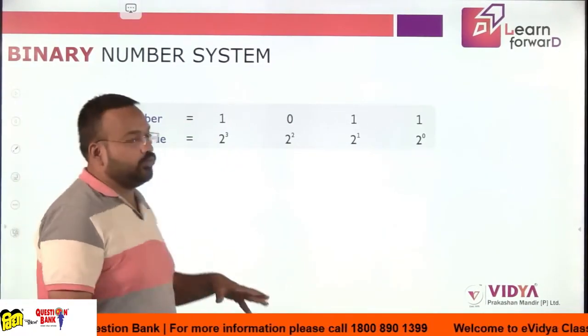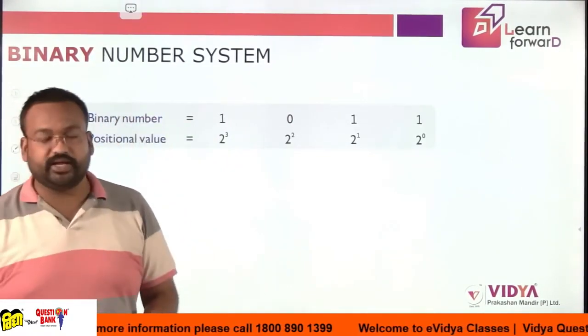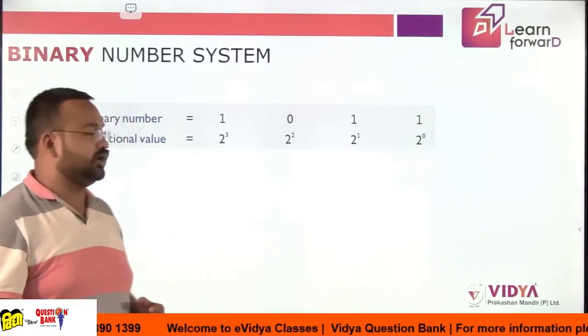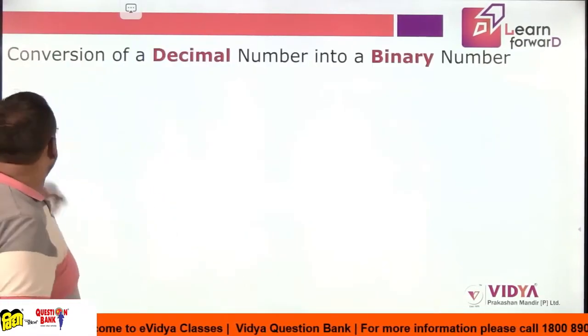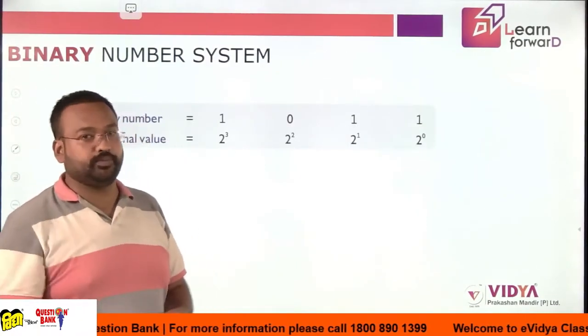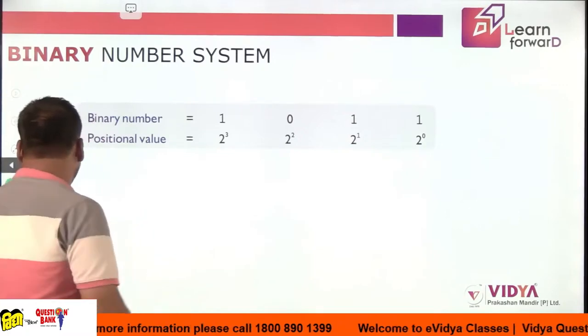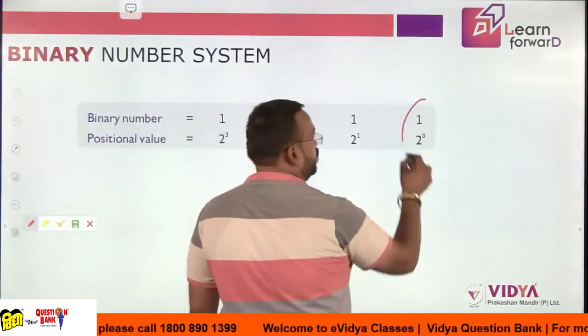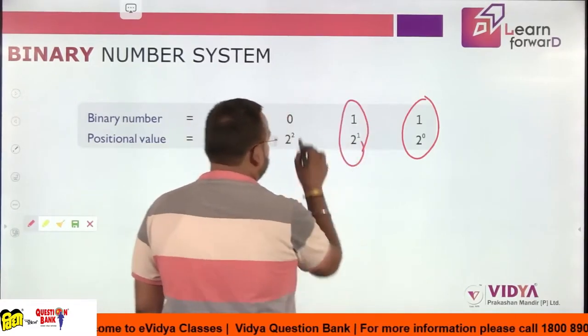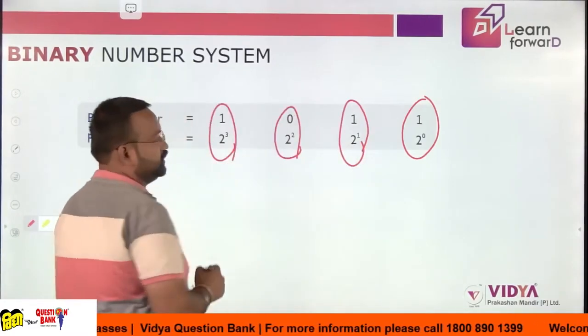Similarly, if you want to see the positional value, as I told you, the power will go to that particular number system. Here the positional values would be 2 to the power 0, 1, 2 and 3.